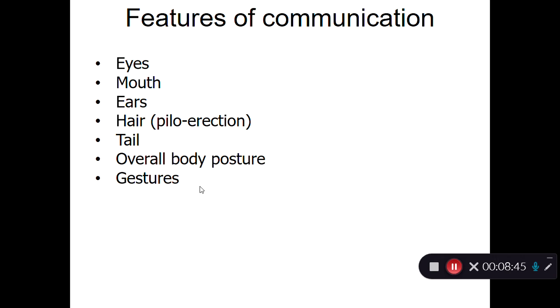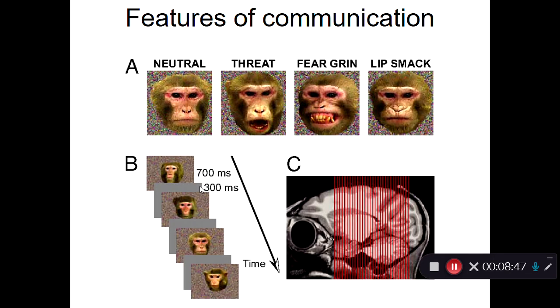So we've tried to understand what some of the different facial gestures and facial communication are with the eyes and the teeth. And it's not that easy to do, because you can't ask a monkey what they are thinking or feeling.